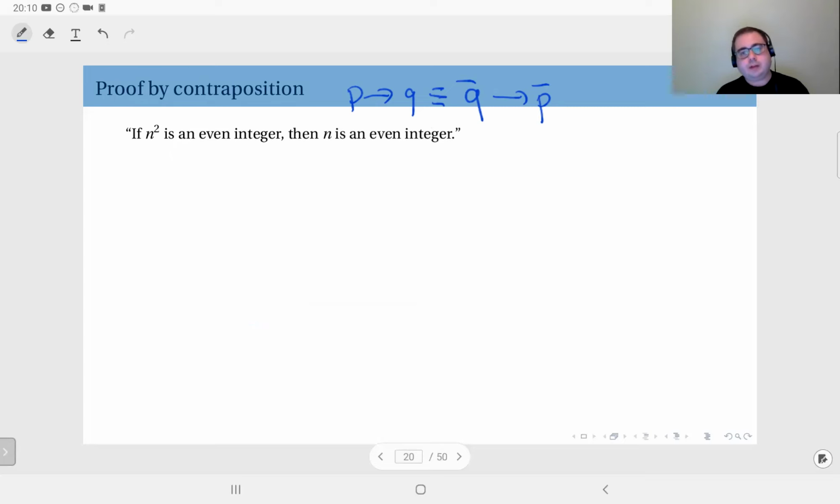So if the contrapositive of a statement is easier to prove, you prove that rather than the original statement. Here, let's look at an example. If n squared is an even integer, then n is an even integer. Now this is, let's say, a converse of the statement we have seen earlier.